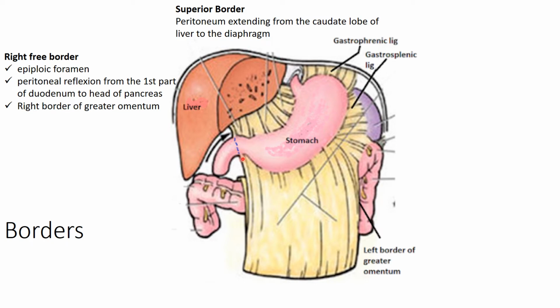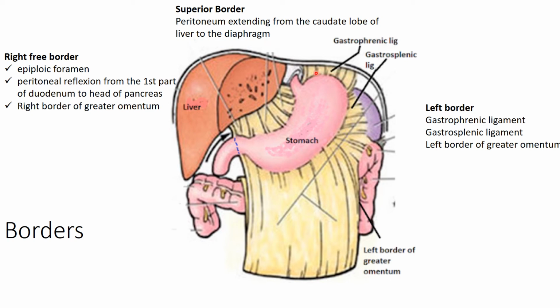Now below this, it is formed by the reflection from the first part of the duodenum to the head of the pancreas, and the inferiormost part is formed by the right border of the greater omentum before these two sheets fuse.